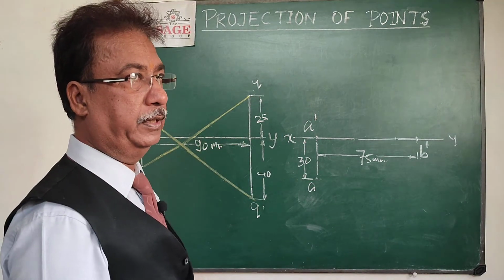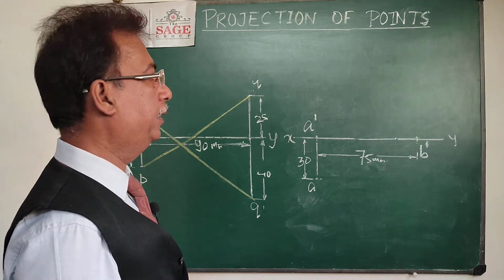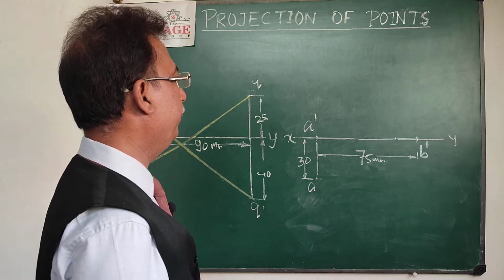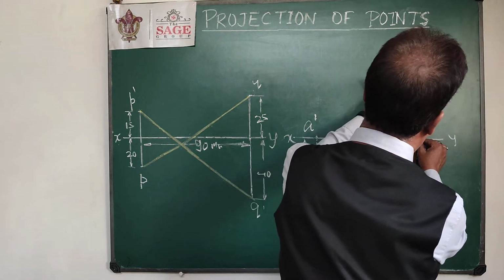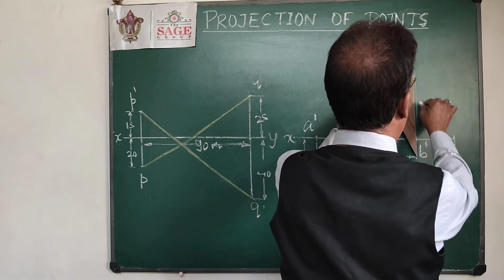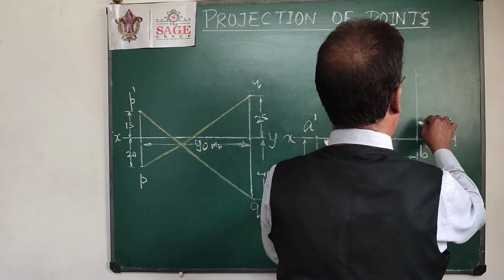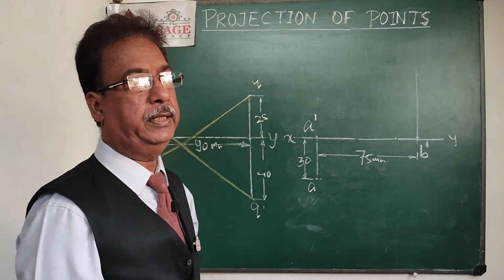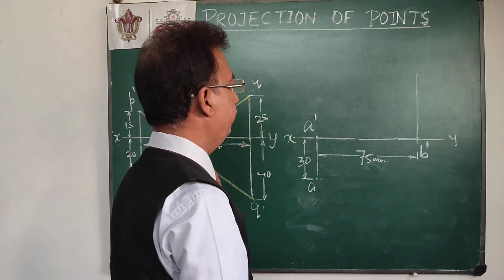Now the point B will be behind the VP. Behind the VP means its top view must be above the reference line. So I have drawn this projector, and I know that on this projector I am finally going to get the point b.